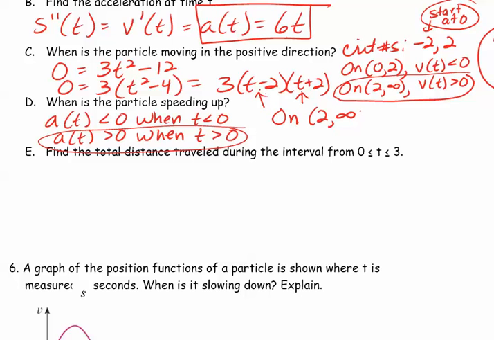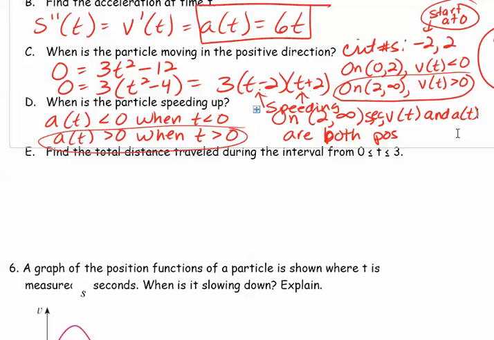So on 2 to infinity, v of t and a of t are both positive. So I guess we can say it's speeding up on that interval of 2 to infinity seconds because v of t and a of t are both positive.